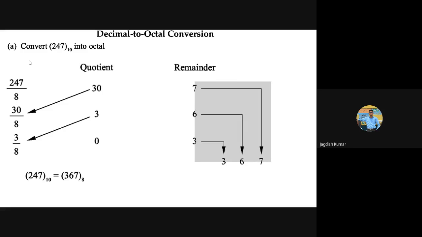So we should call something like 3, 64, 6, 8, 7, because 3 is at the 64th place value and 6 is at the 8th place, its place value is 8. But that is very unconventional and confusing. That is why we should say 367 to the base 8.